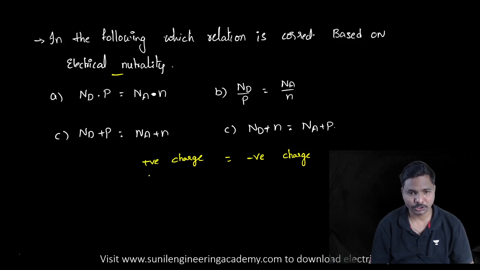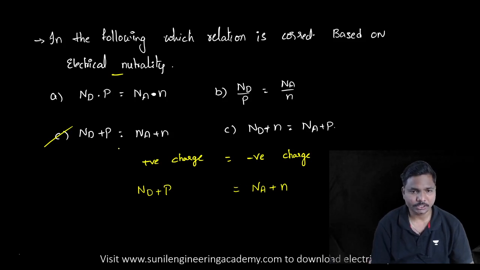We are getting the positive charge due to donor impurities and also P, and negative charge due to acceptor impurities and electrons. So Nd plus P is equal to Na plus N. So the answer is option C.